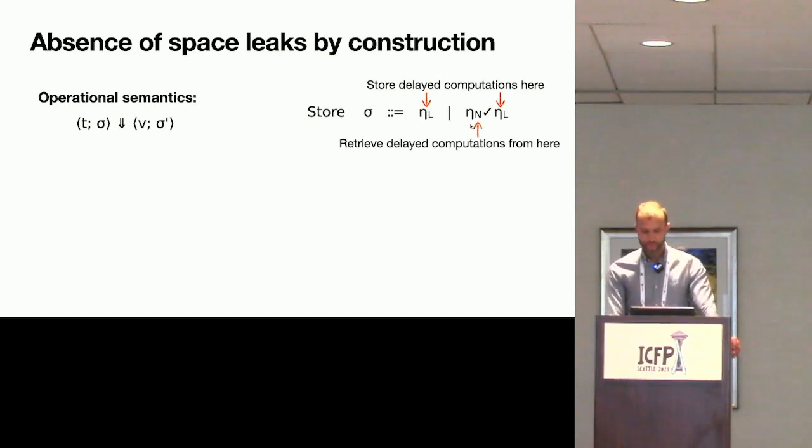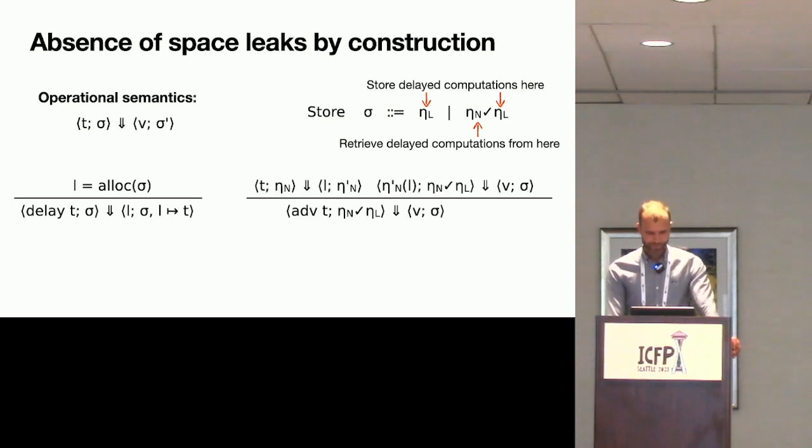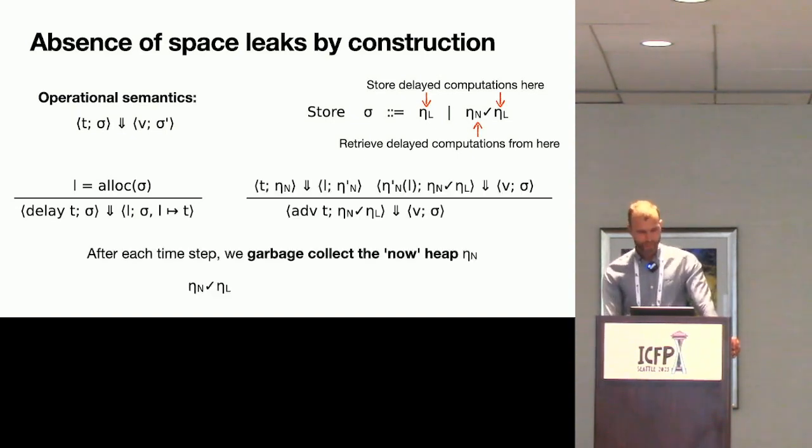Right? And this is how delay and advance interact with it, but the important bit is this here: whenever time passes, whenever the clock ticks, we move from a store that looks like this, this is the now heap, this is the later heap over here, to a heap that looks like this.